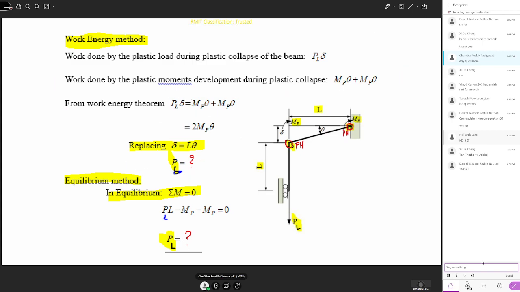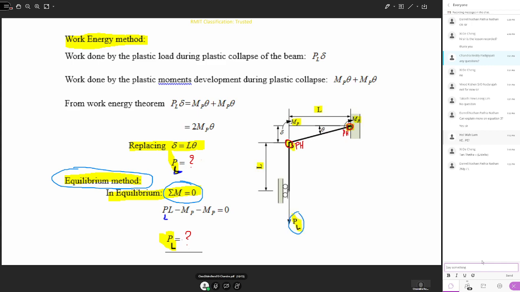The next part of the question is you need to solve the same thing by applying the equilibrium method. So in equilibrium, you can just write the sum of the moments acting on the system will be 0. This is one of the equations of equilibrium. Now, what is the moment due to the load PL?